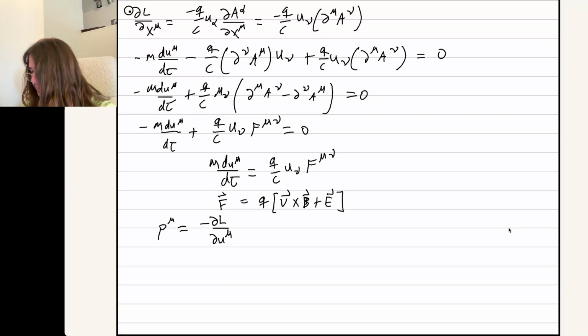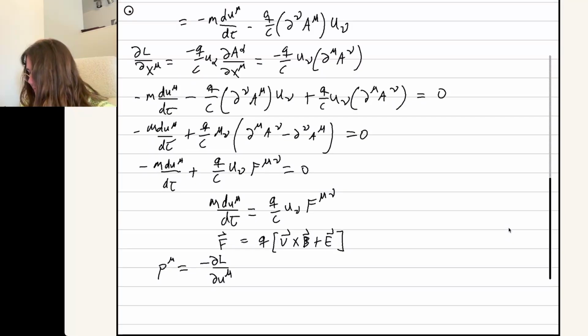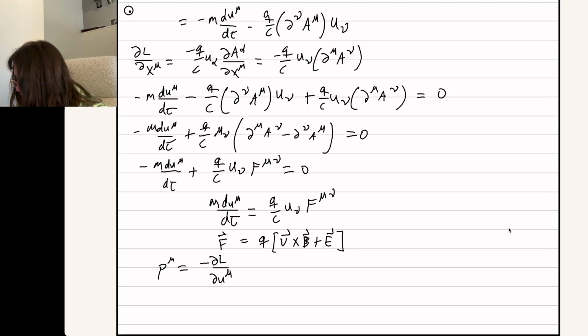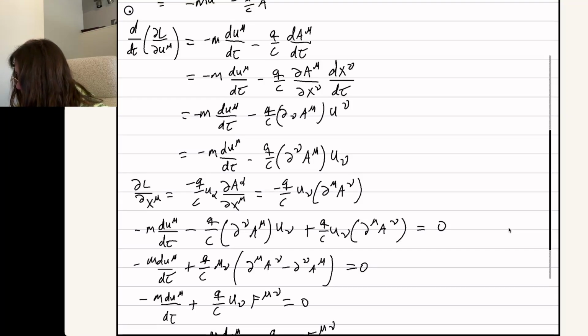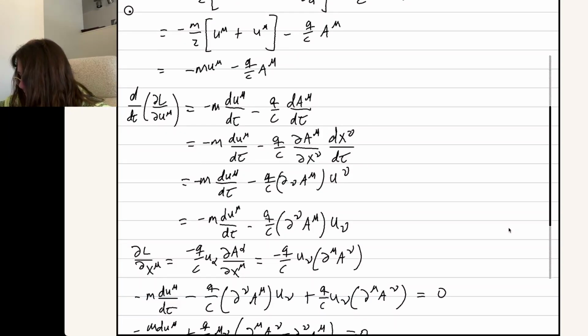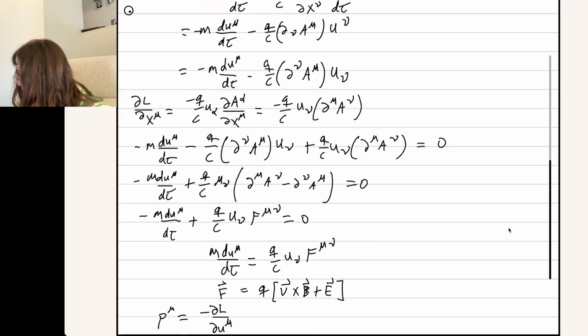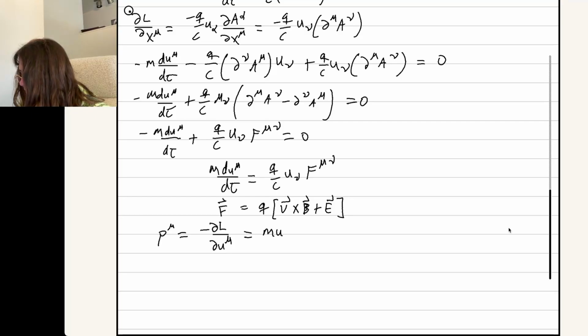We have that derivative all the way back up here. It was minus m u^μ minus q over c A^μ. So we'll just have m u^μ plus q over c A^μ.